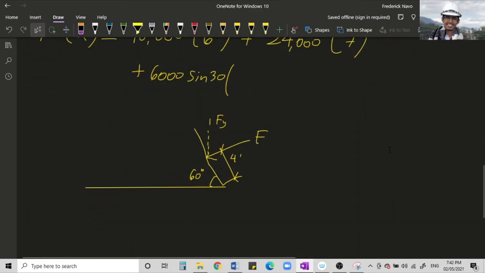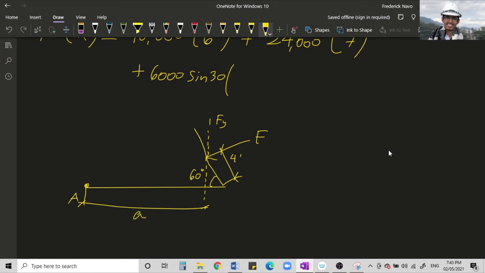Okay? So, para makuha natin yung distance, if this is point A, kunin natin yung distance nito. So, let's call this A, that is the distance we need.